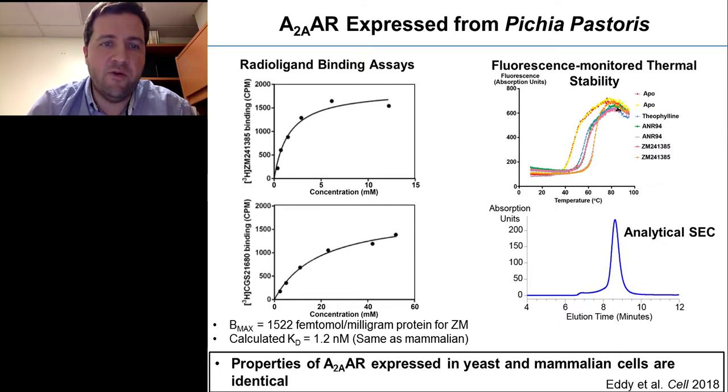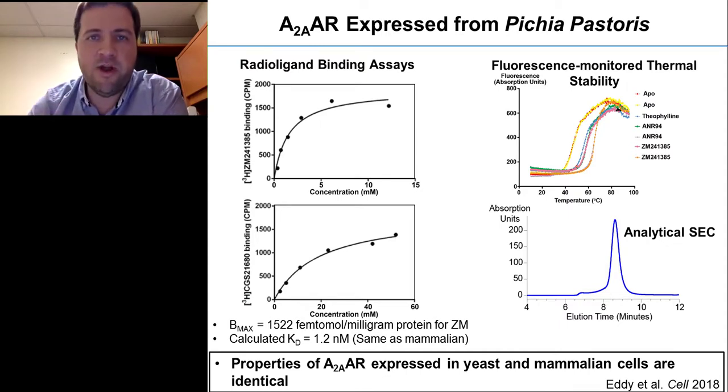On the left, you see some representative radioligand binding assays indicating that we observe native-like ligand binding for the receptor expressed in yeast membranes as compared to mammalian cell expression systems. On the bottom right, you see an example analytical size exclusion chromatography trace of isotopically labeled human A2A AR expressed in yeast just prior to NMR studies.